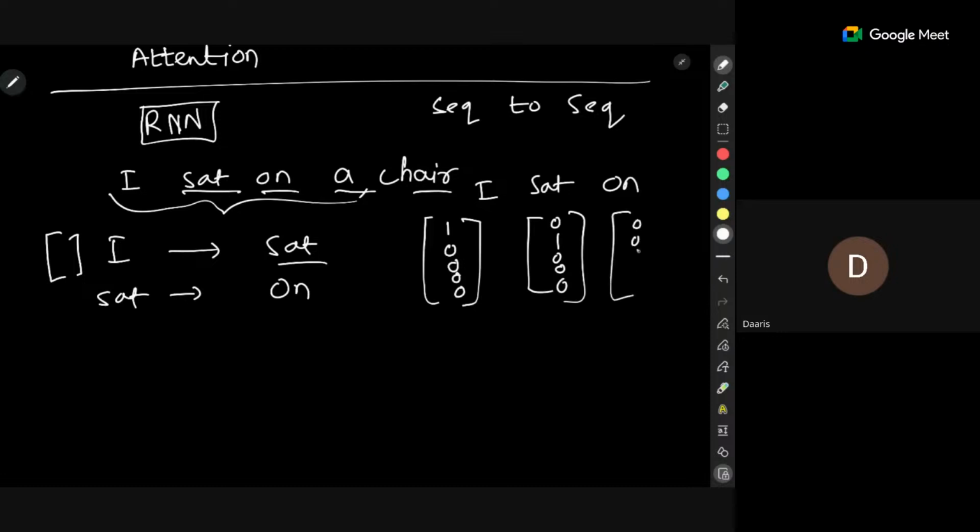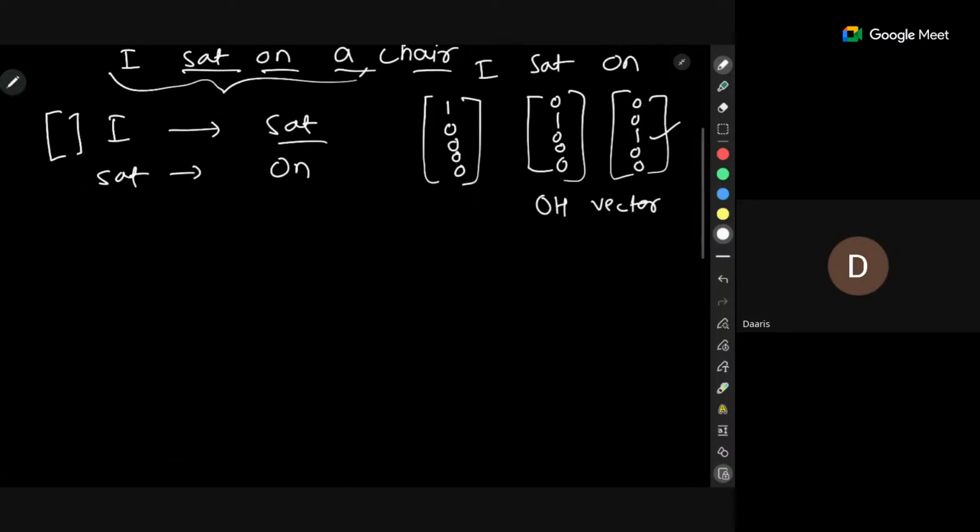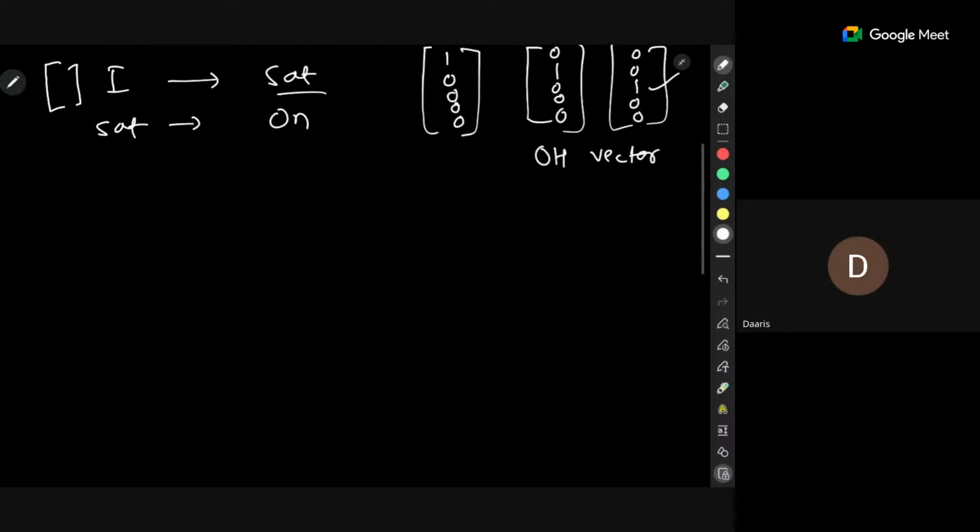So you get the point that I'll write one at some index, and that will represent some word. So each word will be represented by a one hot vector, right? So this is what my input is. I have to predict the next word, right?